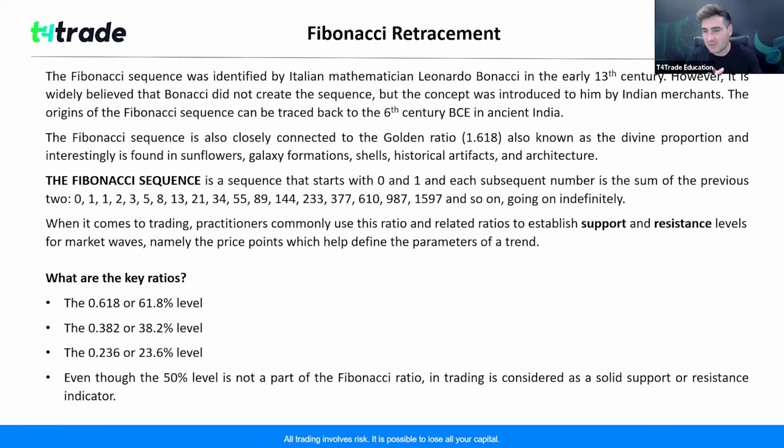For example, you can spot this ratio in sunflowers, the actual plant, in galaxy formations, in seashells, in historical artifacts, in architecture, in many different aspects of life. So this is something that is observable and measurable throughout nature.